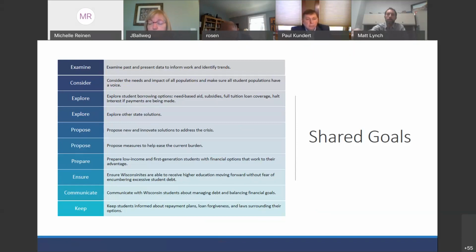Explore other state solutions, as you saw from the full breakdown shown by the secretary. We will be exploring other states and information. Propose new and innovative solutions to address the crisis. Propose measures to help ease the current burden.